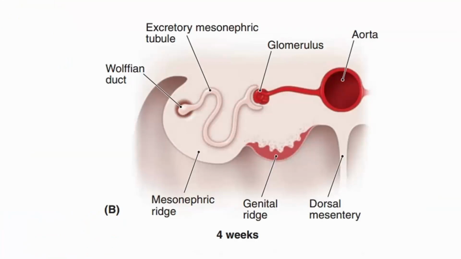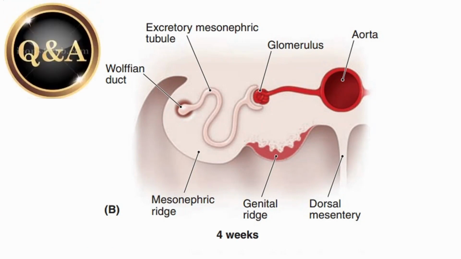This image is telling us a few facts about the formation of the genital ridge, the house where the gametes are going to be formed. Let's ask a few questions. What is this structure inside this rectangle? It is the genital ridge.